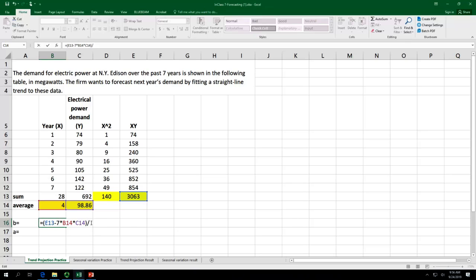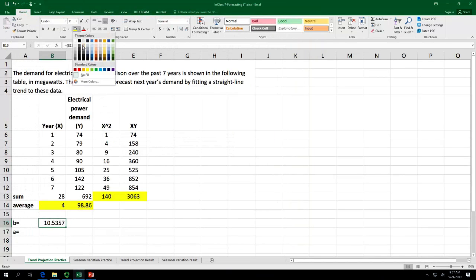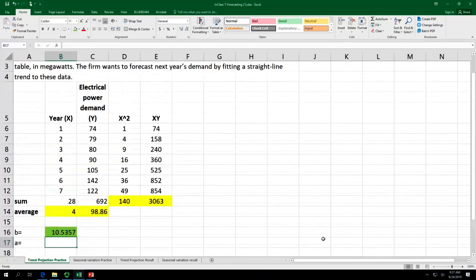Divided by the denominator, which is sigma x squared, subtract 7 times this one squared. So this is your b. The answer for b is this one, the coefficient in this model. You can also say it is the slope of the prediction line, right?